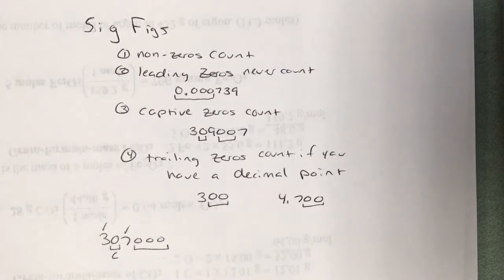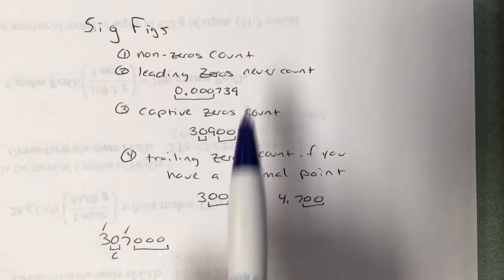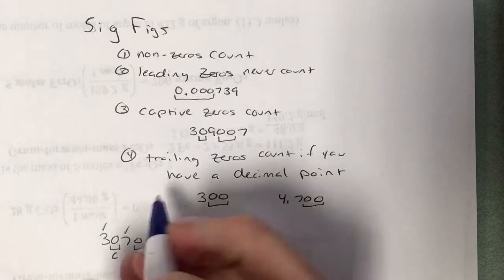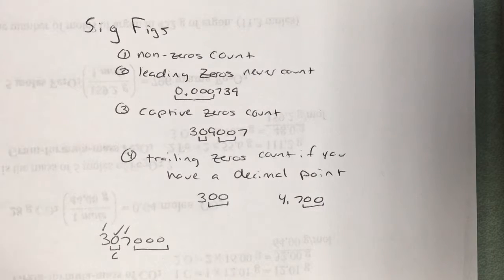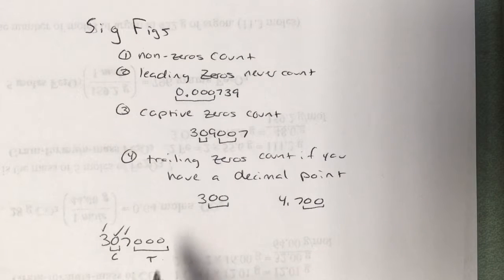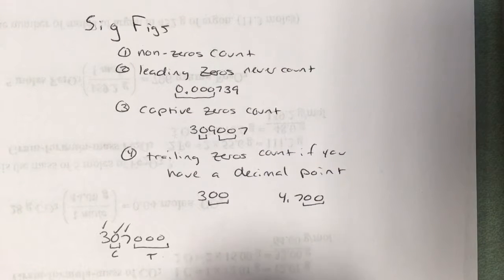Well, this is a captive zero. And according to the rule, captive zeros count. It's captive between the 3 and the 7. So that's a significant figure. These zeros are trailing. And the rule for trailing is they count if there's a decimal point. And this number has no decimal point in it, so they don't count. This number has 3 significant figures.